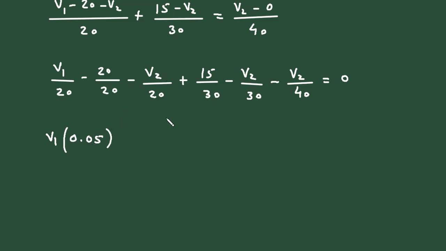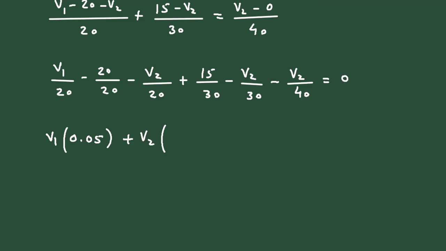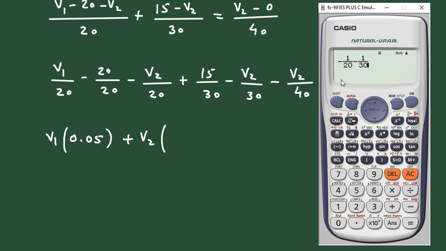Then if we take V2 common, so plus V2 in bracket minus 1 upon 20, then minus 1 upon 30, then minus 1 divided by 40.